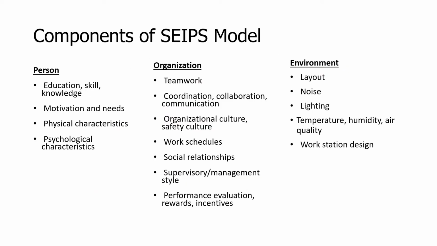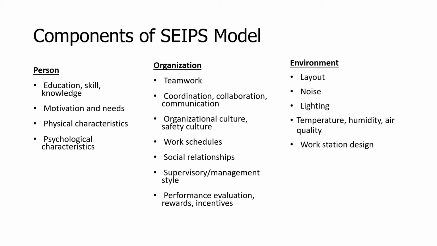In work system, 5 components will be taken into consideration. One is person, looking at the individual differences in respect to the education, skills, knowledge, motivation, physical characteristics, psychological characteristics.